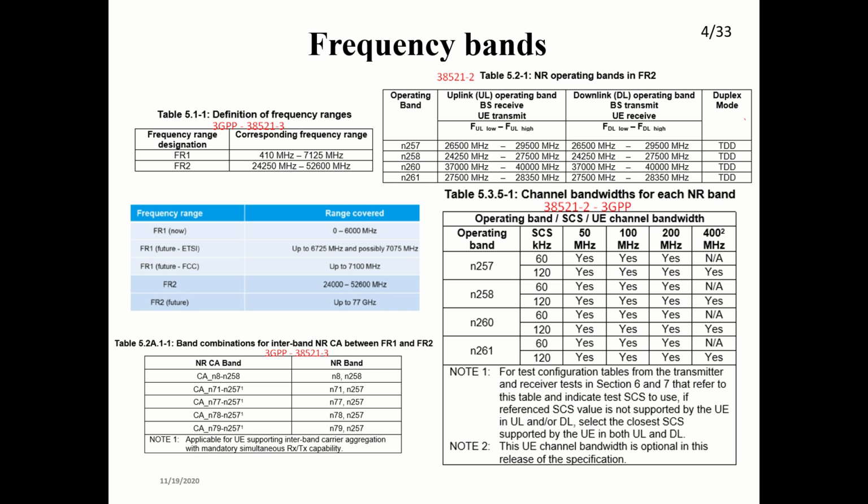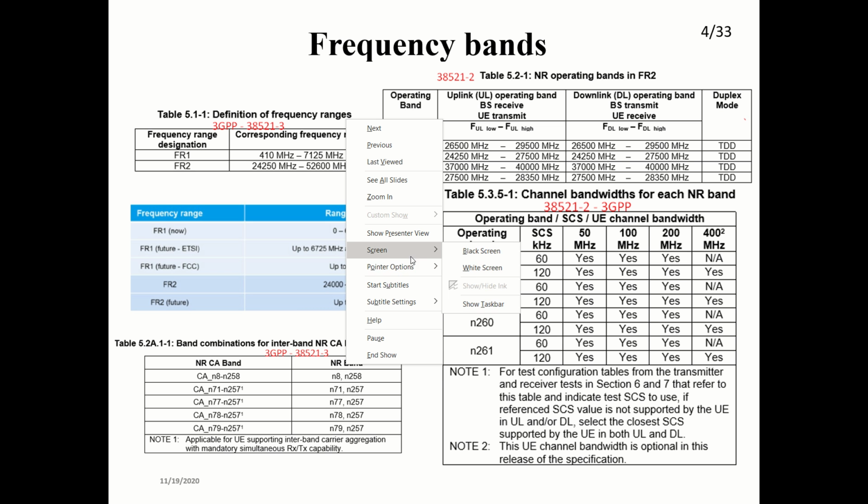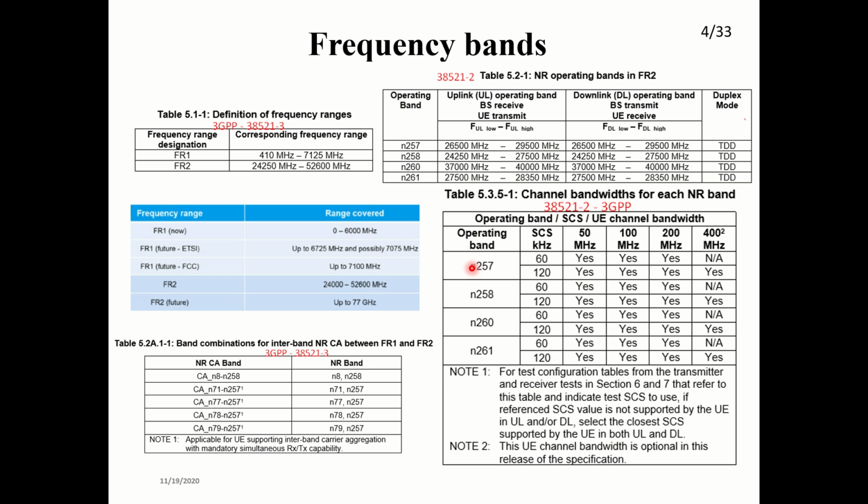These are all the different bands, which we discussed in the previous presentation. These are the different sub-carrier spacings being used, and the band allocations for 257, 258, 260, 261.